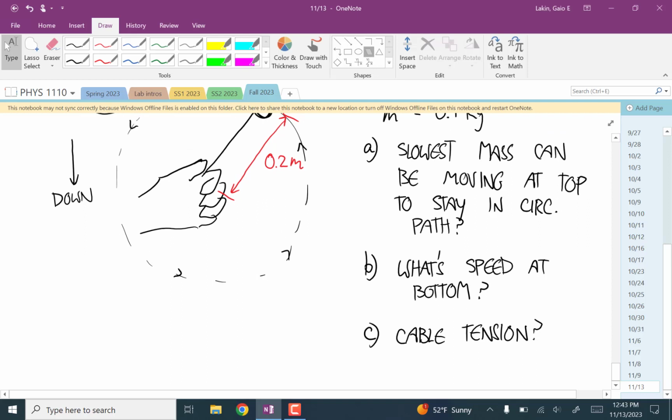Okay, this problem is gonna combine a few different things. We're gonna use some circular motion stuff, some Newton's second law stuff. For part B, we're gonna use conservation of mechanical energy. And you can see that what we're doing is relating the speed of an object to its location, so it makes sense. Okay?